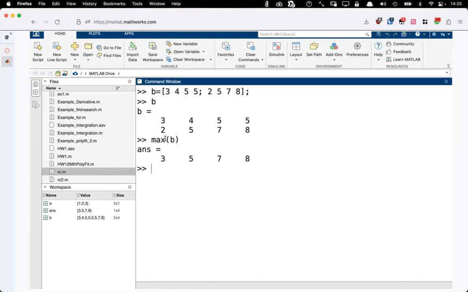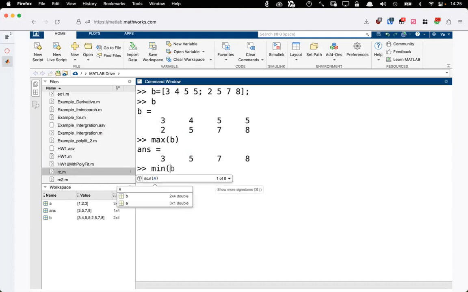So column 1: 3, 2, so 3 is maximum. Column 2: 4, 5, so 5 is maximum. 5, 7, so 7 is maximum. 5, 8, 8 is maximum.